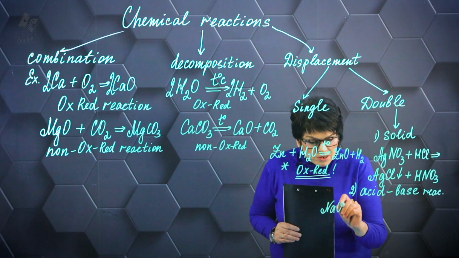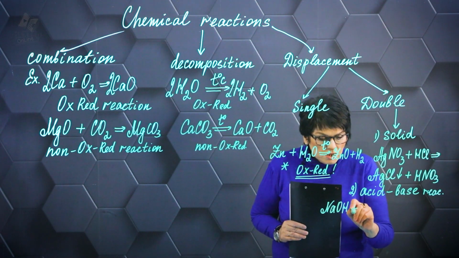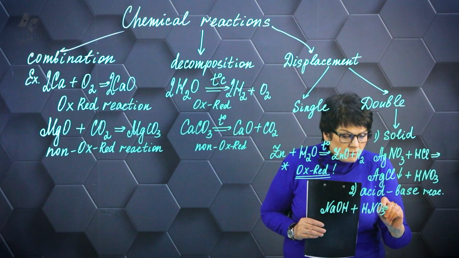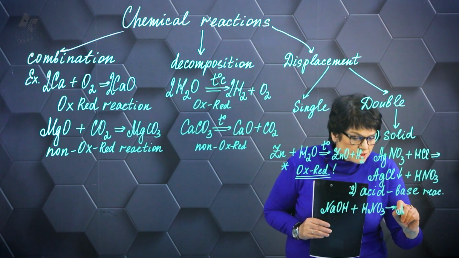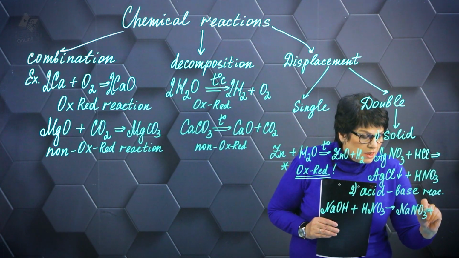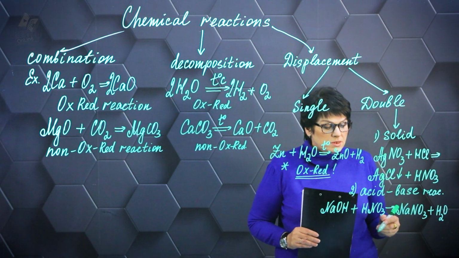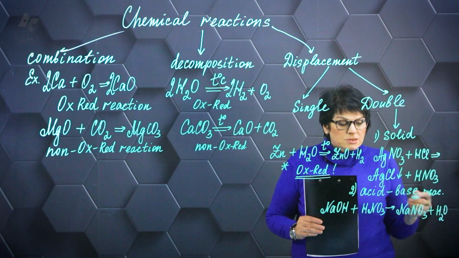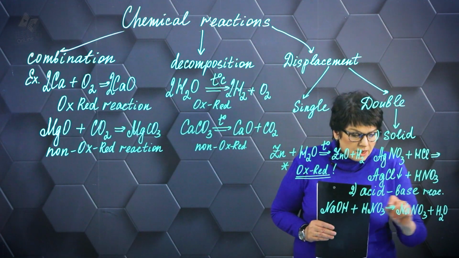It could be the interaction of sodium hydroxide, NaOH, and, let's say, nitric acid, in which case you would form NaNO3, the salt sodium nitrate. And the second one would be water. And here is the presence of water. Water is a weak electrolyte, hence the reaction will occur irreversibly.